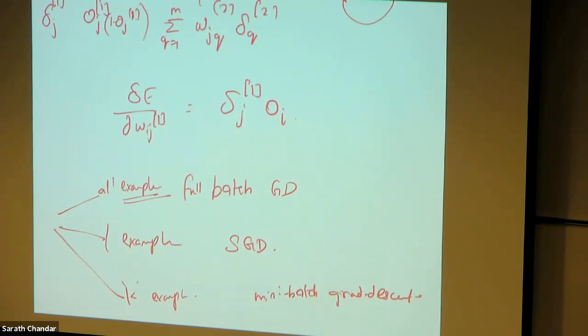Okay, so now when you have more than one example, in other words, when you have a mini batch of examples that you want to compute the gradient together, you can do it much more efficiently by writing the same backprop algorithm in matrix form. Now how do we do that? Consider a matrix D2 which has the derivatives of the output units on the diagonal.